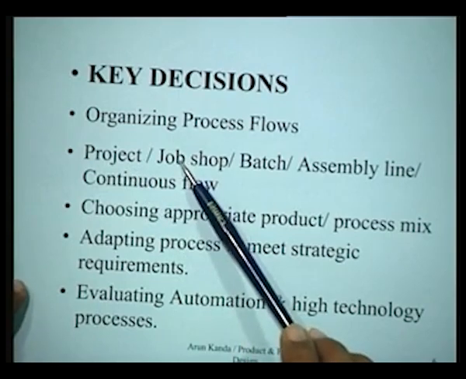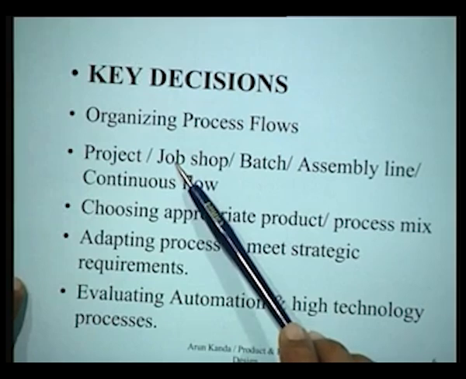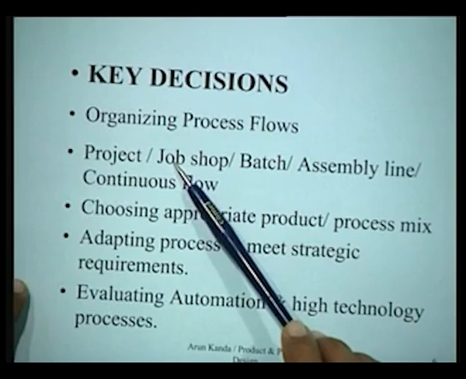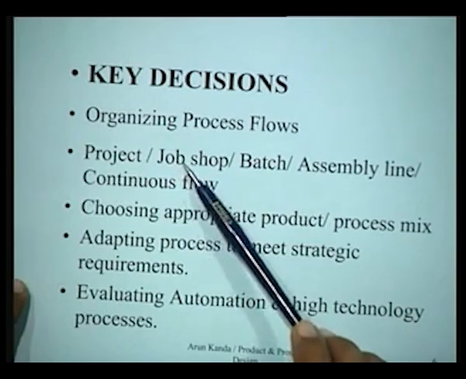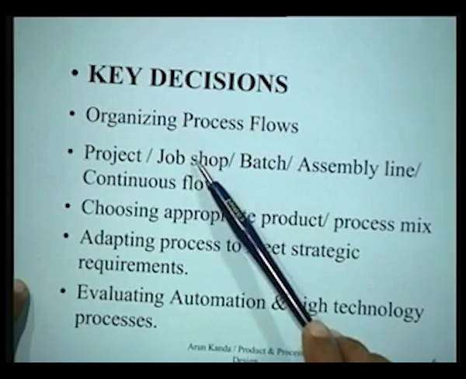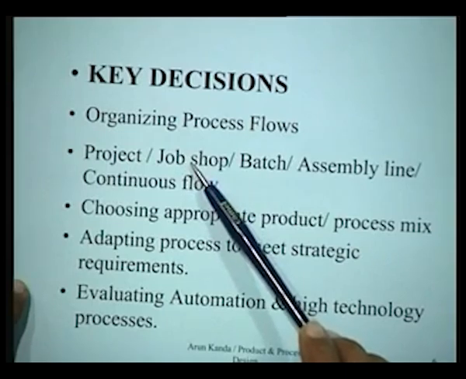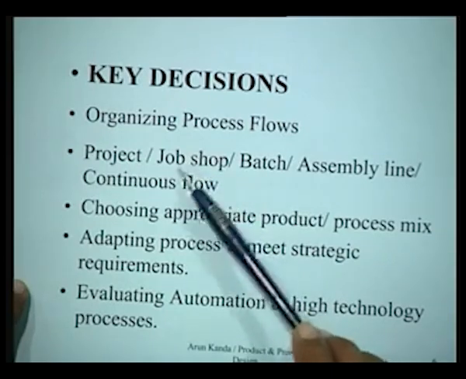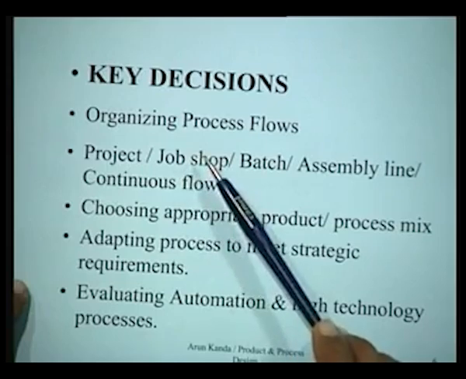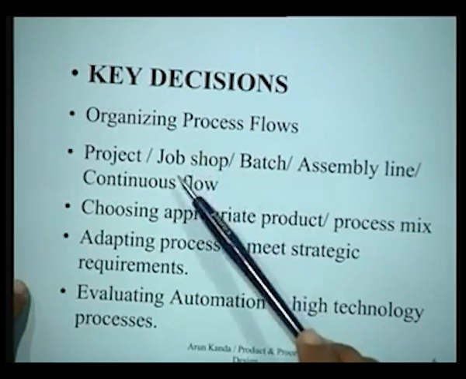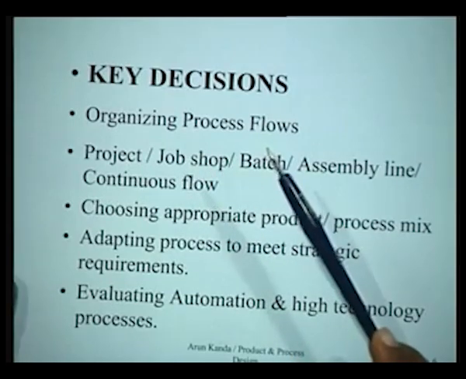If you take a job shop, what would happen in a job shop? A job shop is something where you have a number of machines, and these machines are generally general purpose machines. I buy a lathe, I buy a milling machine, I buy a grinder, and I set up a job shop, and then I look for jobs to make whatever I can with these three machines, and I can make a variety of components, a variety of products.